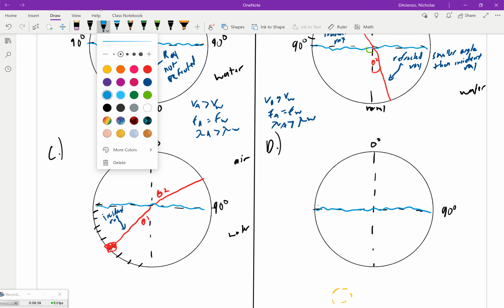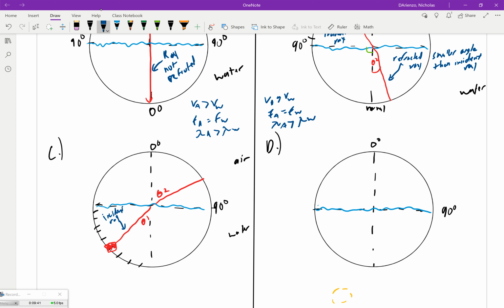So it moves from water into air, and the second angle there of the refracted ray, angle 2, is larger than angle 1. So angle 2 is larger than angle 1.